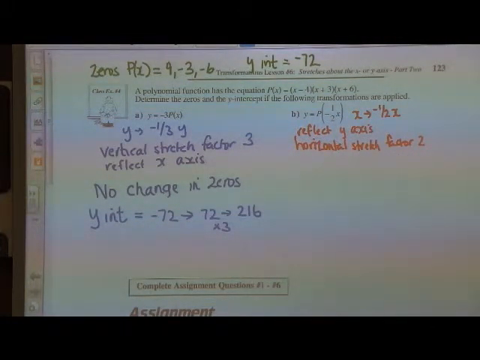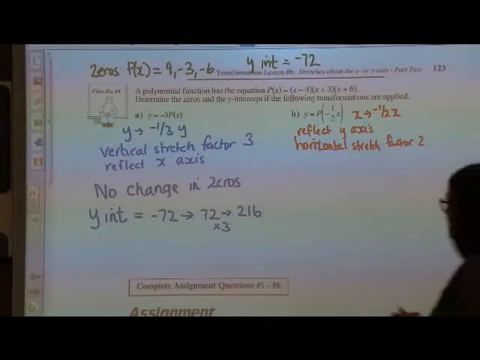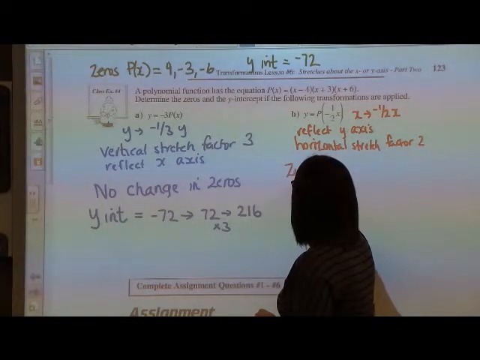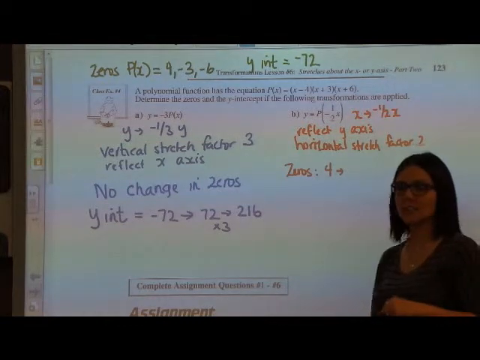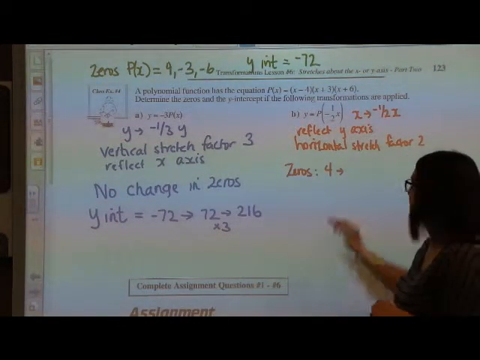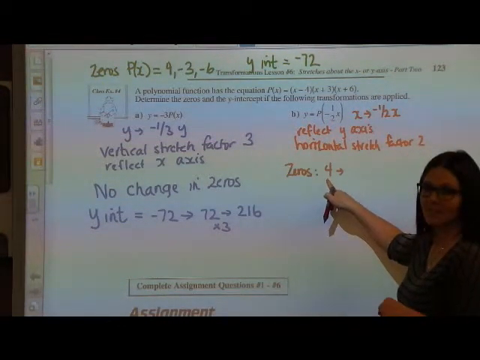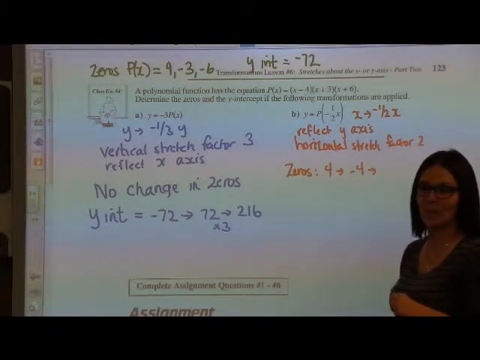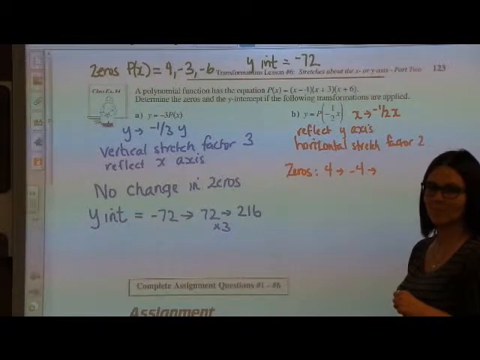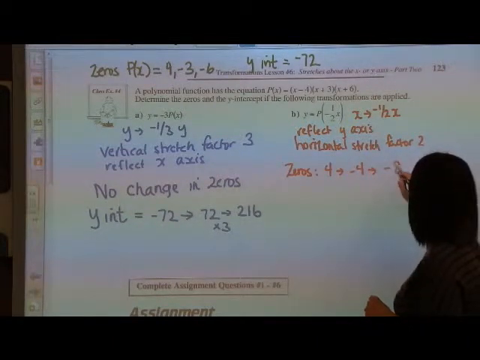Which coordinates does that impact? The x's. So is that going to involve my zeros? Yes. So my zeros. I had 4. When I reflect it, it's going to become negative, and then when I stretch it, it will become -8.